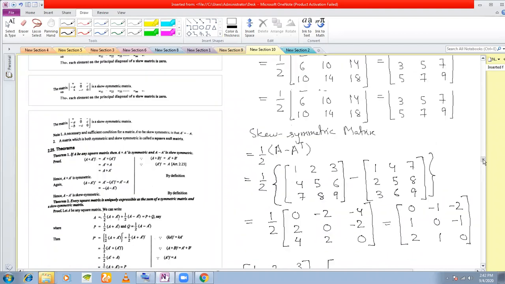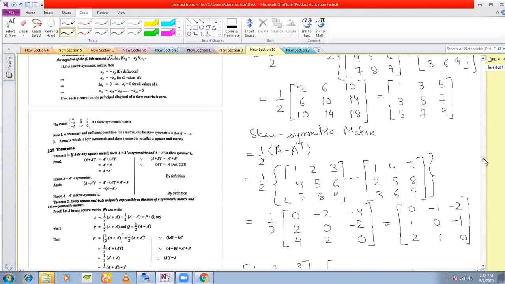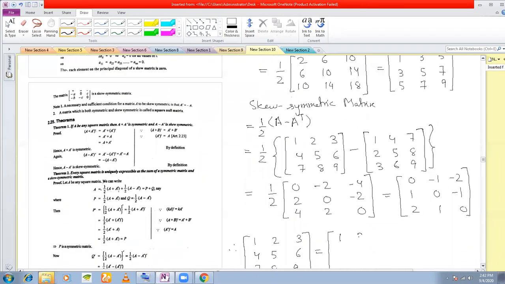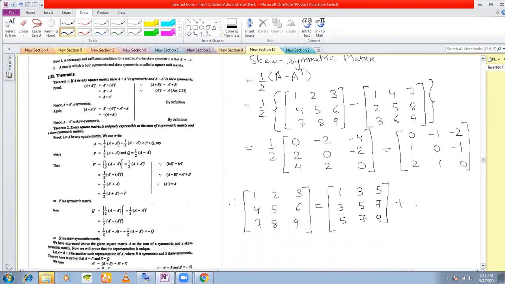The symmetric matrix here is 1, 3, 5, 3, 5, 7, 5, 7, 9. Okay. Symmetric matrix, this plus the skew symmetric matrix 0, minus 1, minus 2, 1, 0, minus 1, 2, 1, 0. Okay.